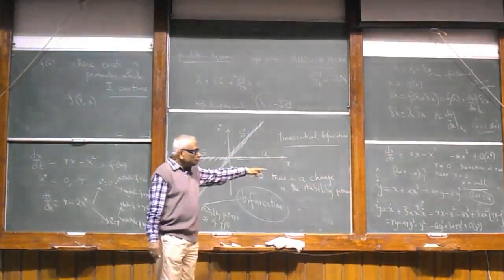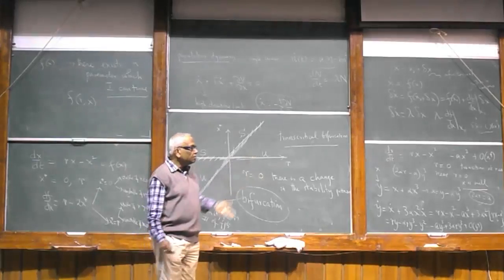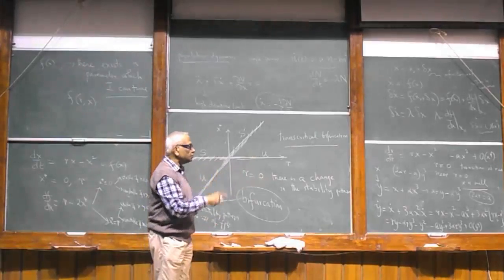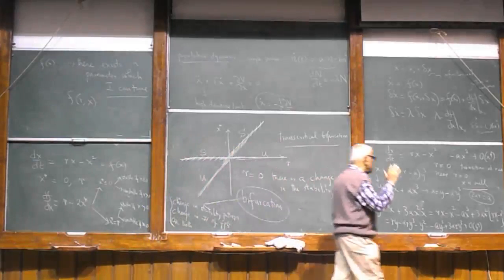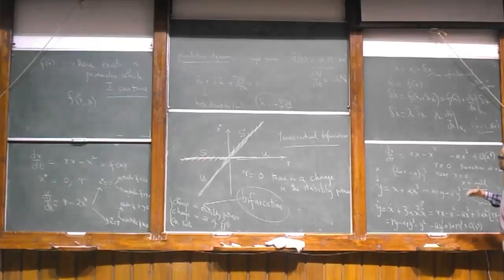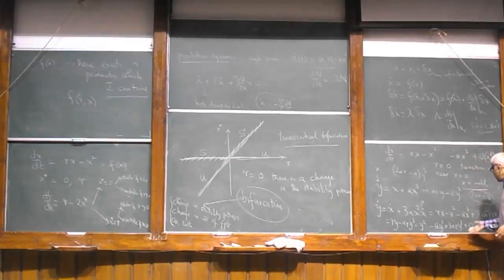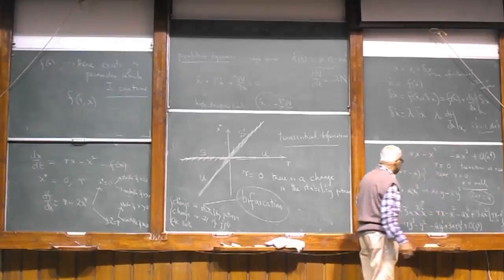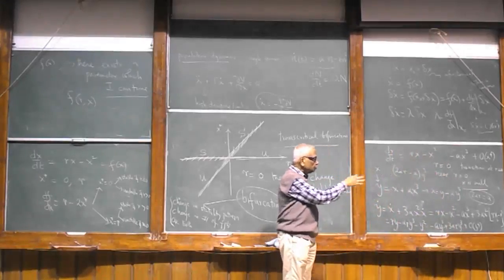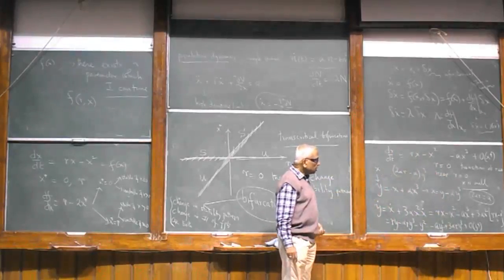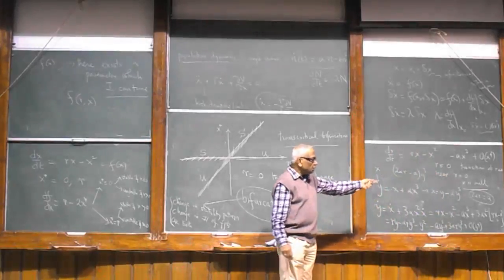So order by order, you can try pushing the corrections to higher and higher order, certainly in the vicinity of small x, so you would be able to get a y which moves things out to orders which are higher and higher.